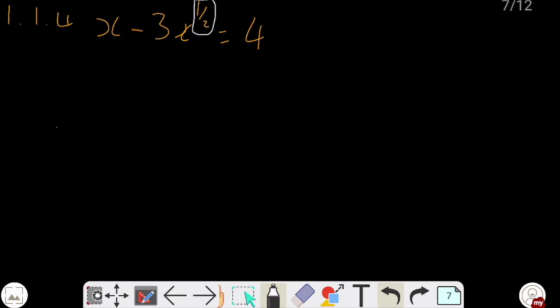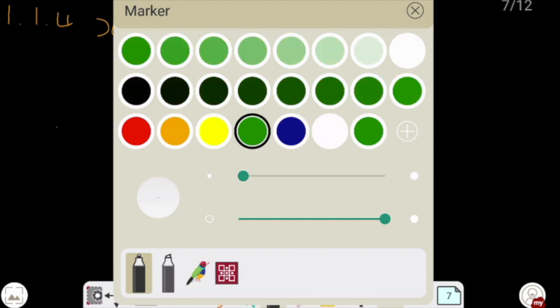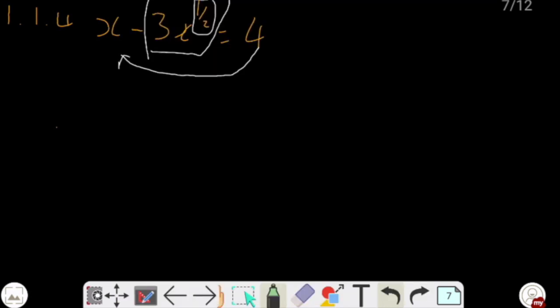What we can do here is try to write this in a root form and take our 4 to the other side and see what that takes us. Okay, let's start. Like I said, that's going to be my first step, and I'm going to have x. If I take the 4 to the other side, I'm going to have negative 4, and then I take negative 3x to the power of a half to the other side.